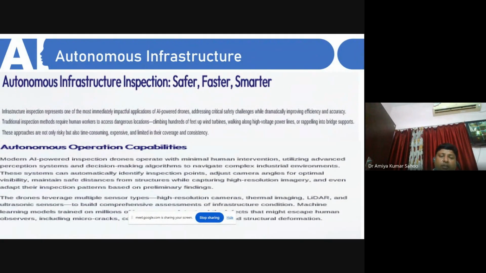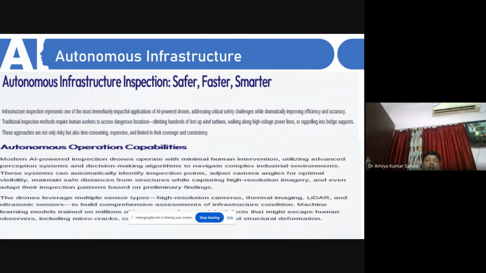These systems can automatically identify different inspection points, adjust cameras to different angles for optimal visibility, maintain a safe distance from the structures while capturing high-resolution images, and even adapt their inspection patterns based on preliminary findings.